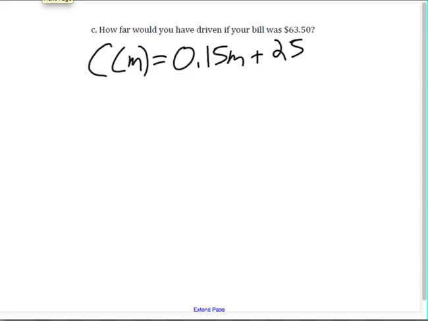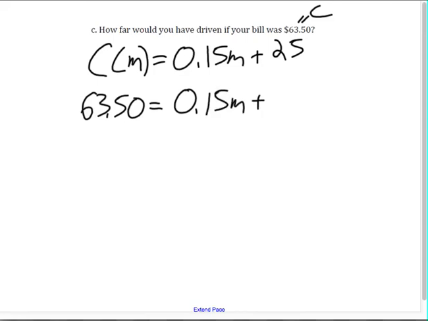In parts B and C, I give you C and ask you for m in one, and give you m and ask you for C in the other. So I've already given you m and asked for C. Now I'm substituting for C. So C of m is replaced entirely by 6350. 6350 is the cost. You can think about this as capital C, and then I'm solving algebraically for m.